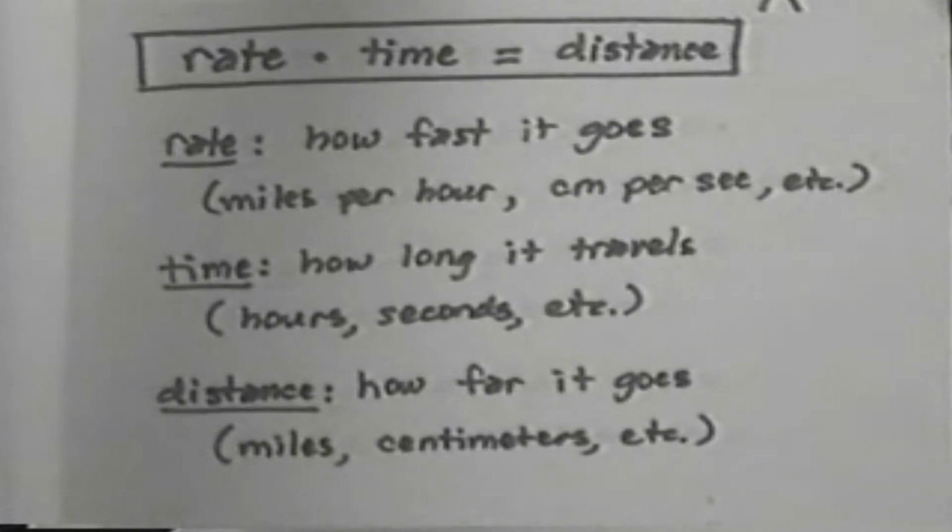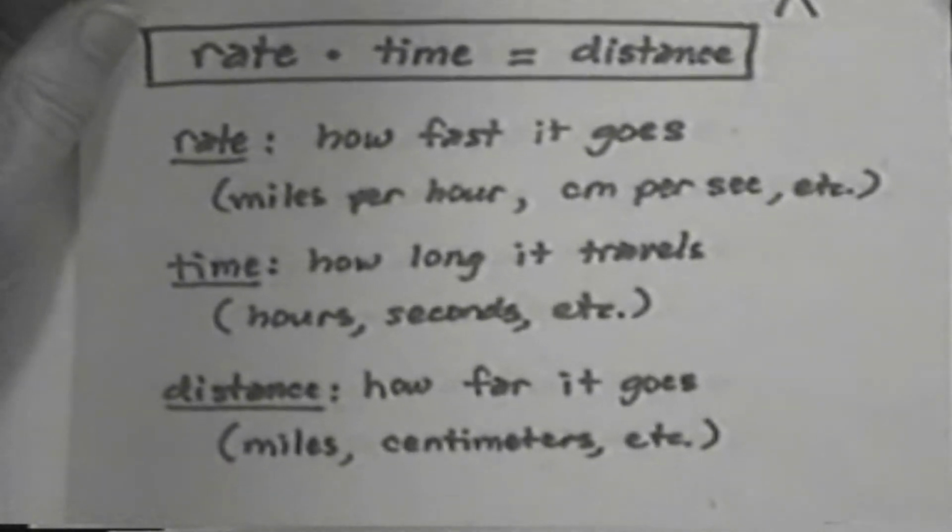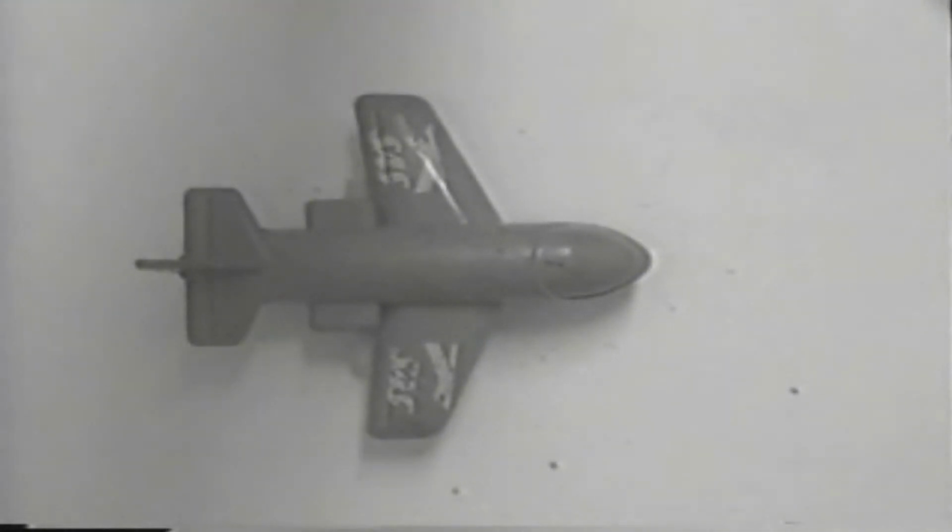Now let's think about what happens when a craft is moving along and something interferes with it. We're going to look at the idea of an airplane moving along. Here's our airplane. The airplane flies along at whatever rate the craft is moving it. But what happens when there's wind?